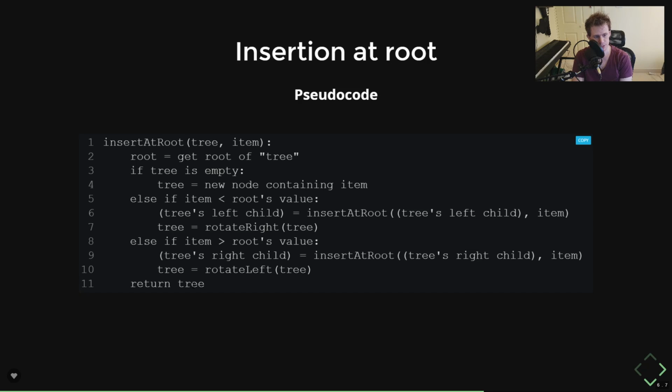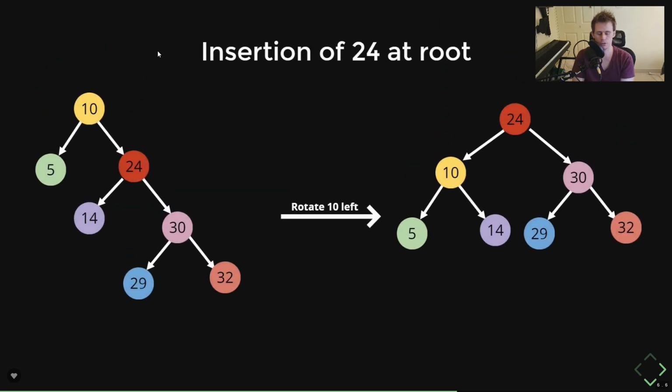Autumnal also says, would you need a parent pointer to do this, like a doubly linked list? That's a great question, because clearly Autumnal's looking at this and seeing that I'm saying things like we take 24 as parent, and when you think about a one-directional structure, you think, oh god, how do I get the parent? And you could store a parent pointer like you do with doubly linked lists.